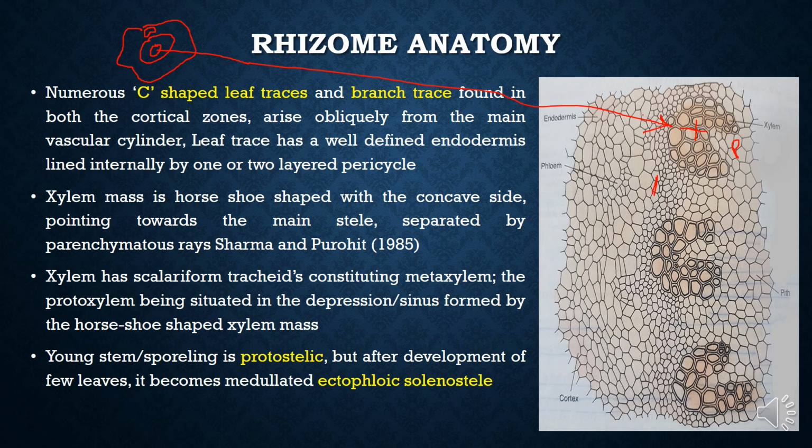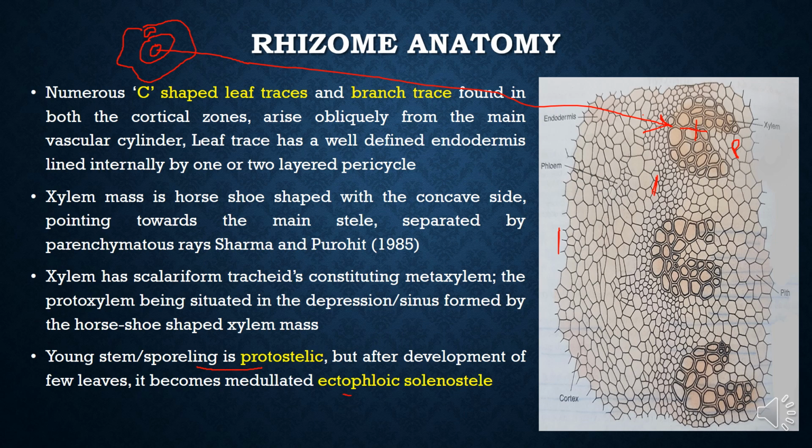In between the endodermis and the xylem, this region is the phloem region. Outer to it is the cortical region. So we see basically the xylem is horseshoe shaped, with inner parenchymatous pith and outer phloem.